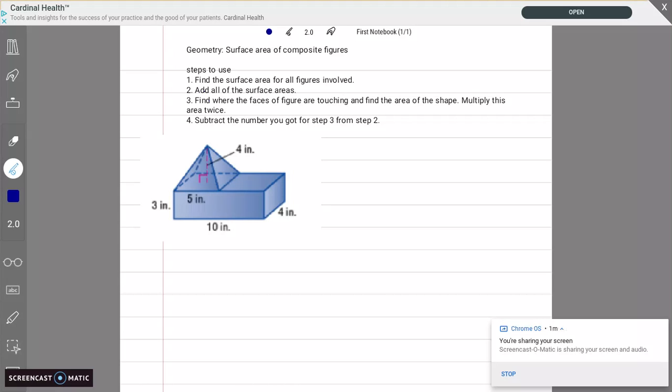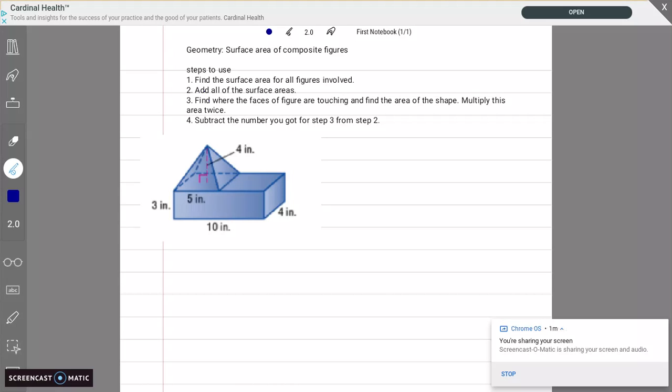The reason you multiply it twice is because it is touching two sides. If the face is touching one side and then another, 1 plus 1 is 2, so you have to multiply that area by 2. Then you subtract that area from your total surface area, and that is how you get your composite figure surface area.